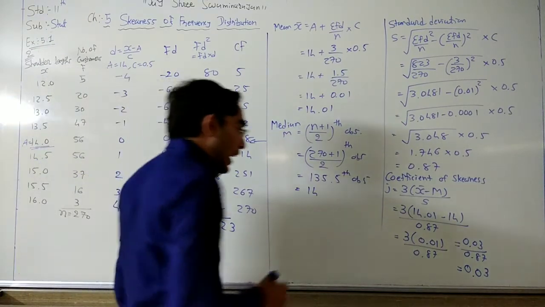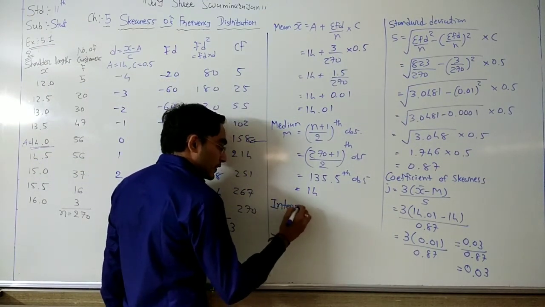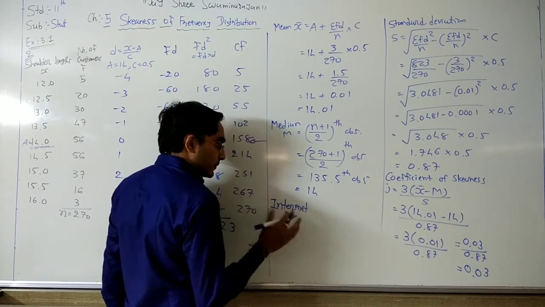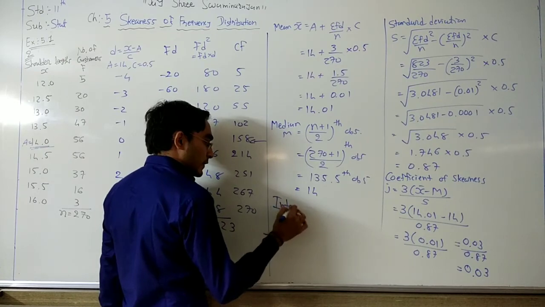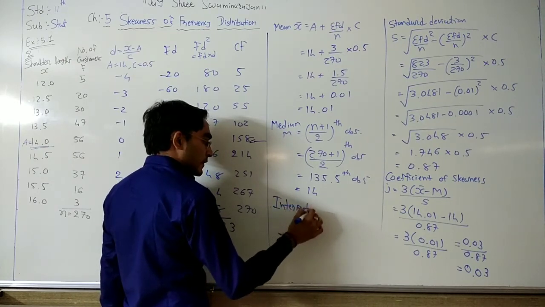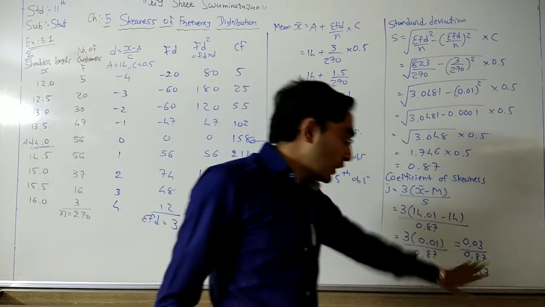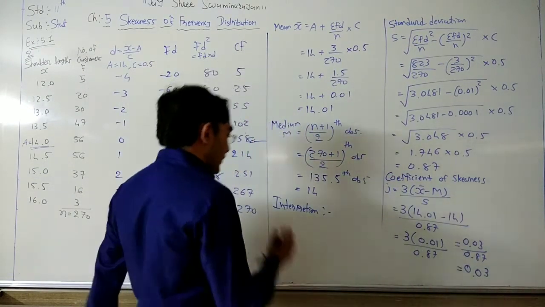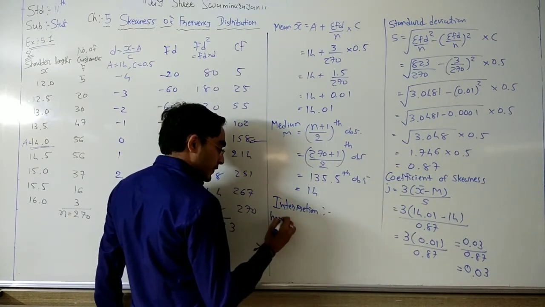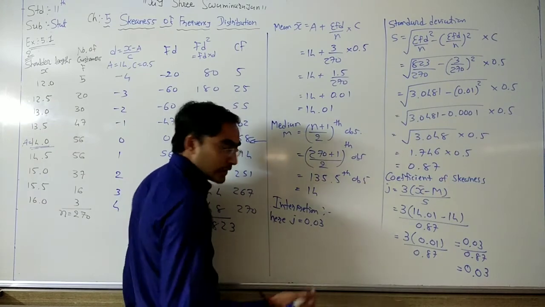Okay, and we also need to write the interpretation, right? So here our coefficient of skewness is 0.03. It is near about 0, right? Here J is equal to 0.03.